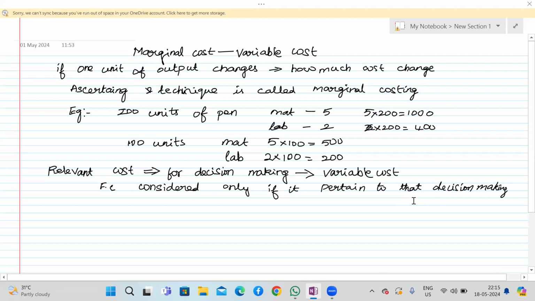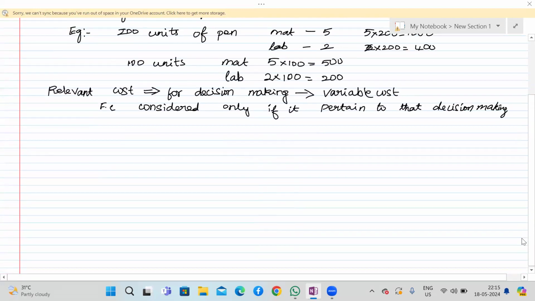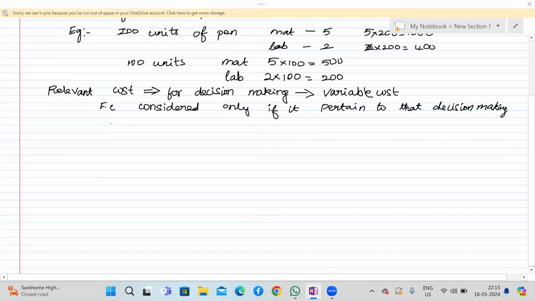Here in marginal costing, the total cost is divided into fixed cost and variable cost. Fixed won't change irrespective of my units.